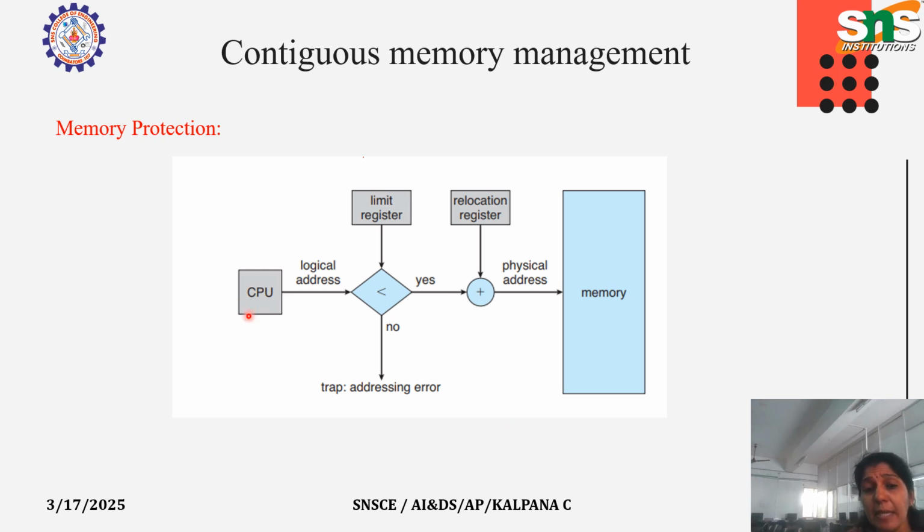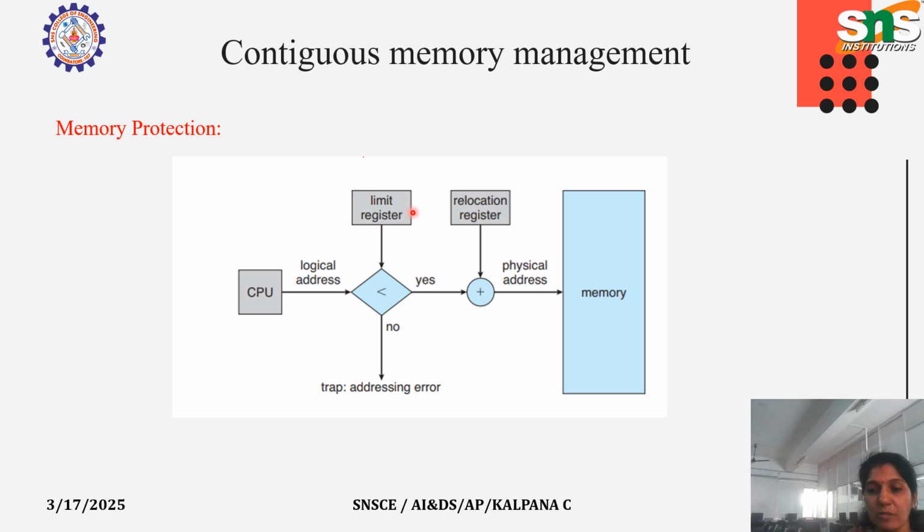So first, once the process enters the system and you load the process into the main memory, your operating system is going to allocate two types of addresses. One is the base register, the base address, and another one is the limit register, the limit data.